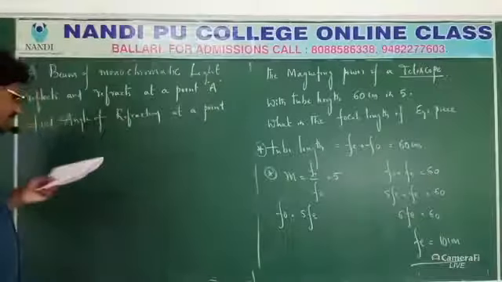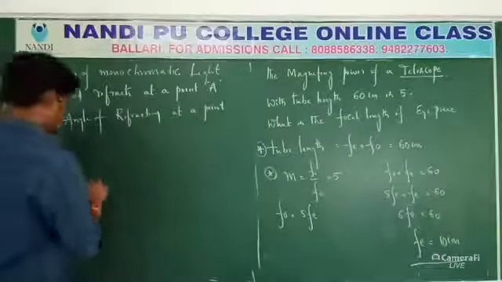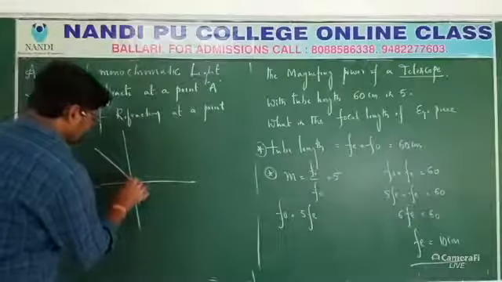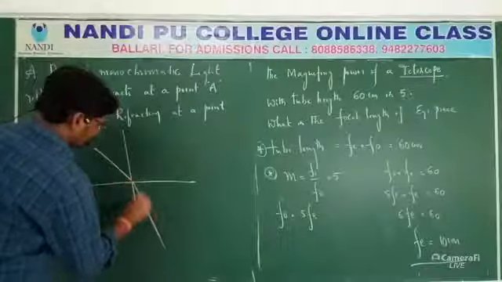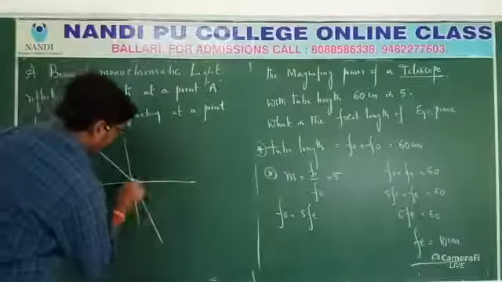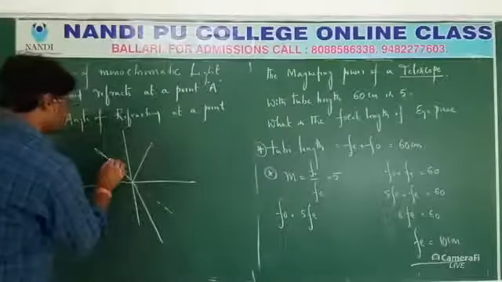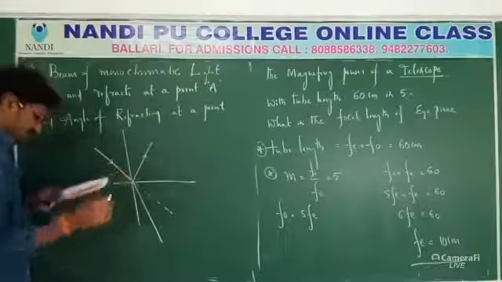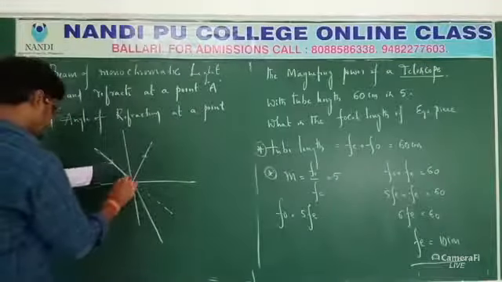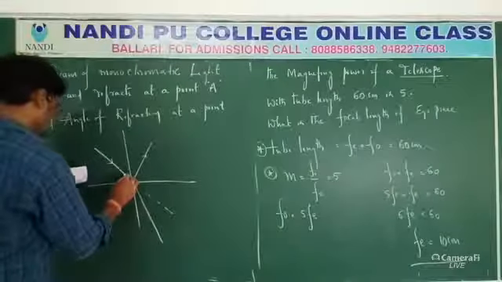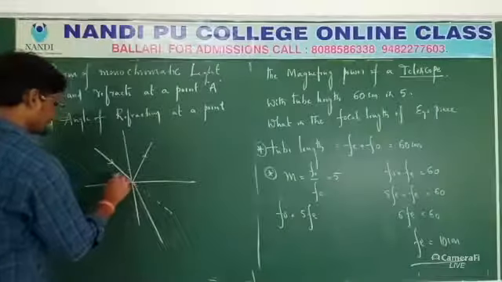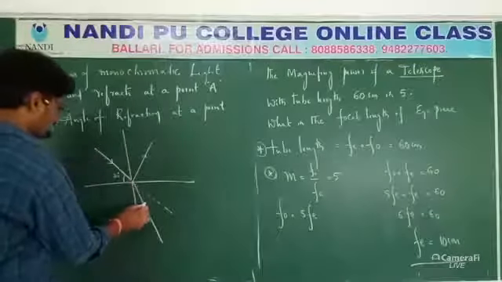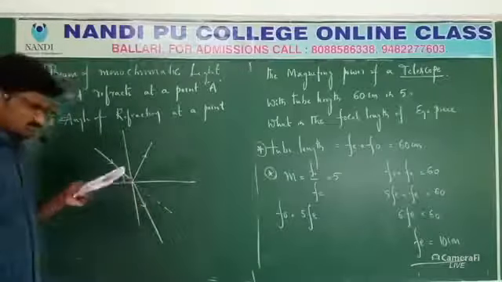What has the diagram also given? It shows the incident ray, then the refraction, the emergent ray, and the reflection. The angle of incidence is given as 30, and the R value they did not give.